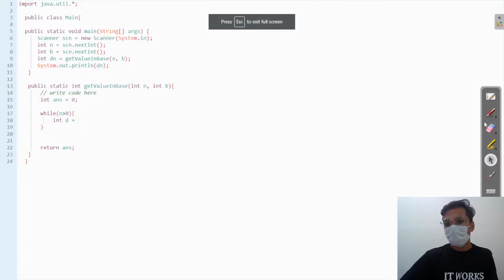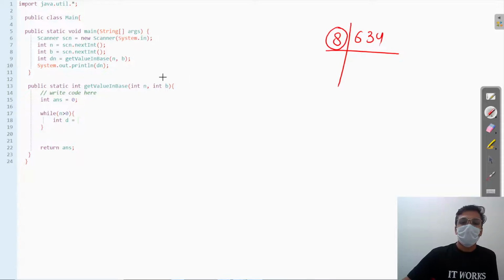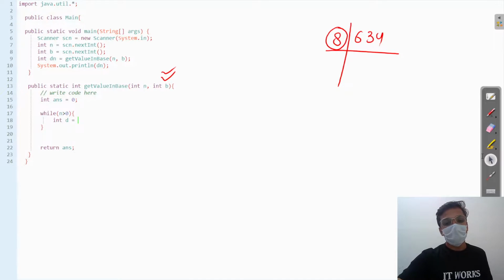If we have a number, let's say 634, when we divide this number by the destination base, which is b, we extract our digit. So the same thing we are going to follow here. We are going to take the modulus of this number with the base, so we get our remainder.